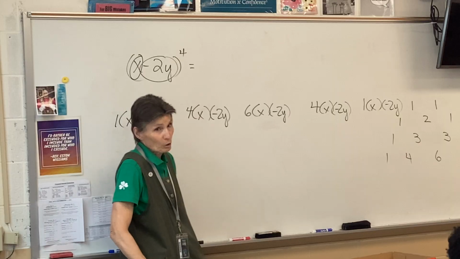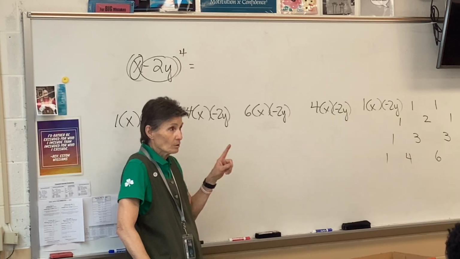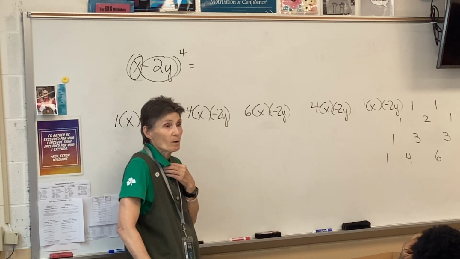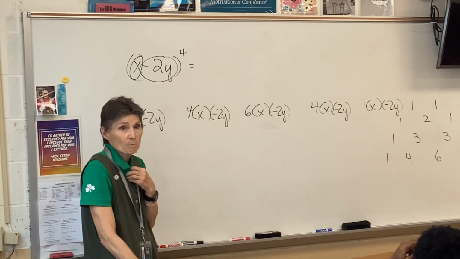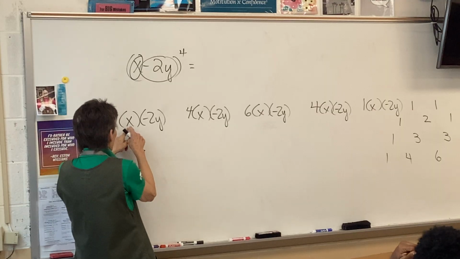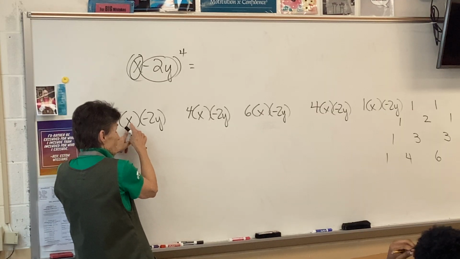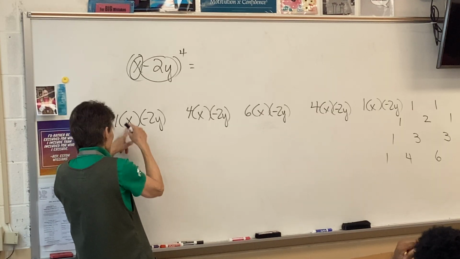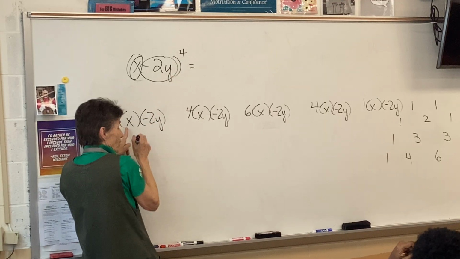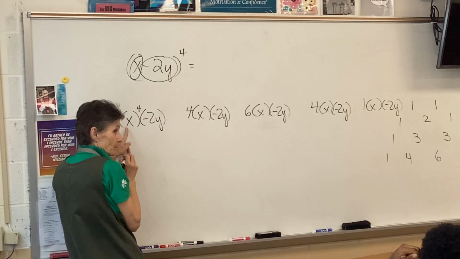Well, they're going to be multiplied, but before I multiply them, I need to put my exponents on. So we remember that on x, on the first term here, that exponent is that number. So this is 4.